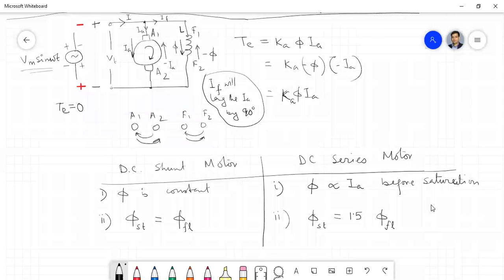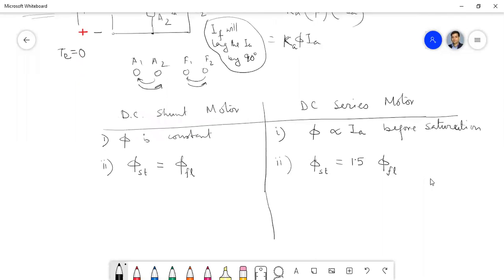So by design, it is kept almost 150% of the full load flux. This we can say is due to saturation.